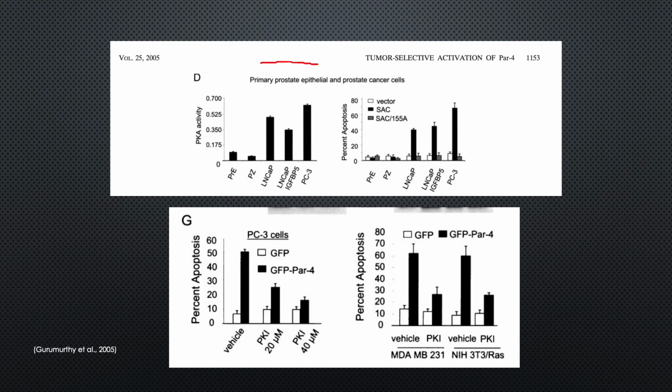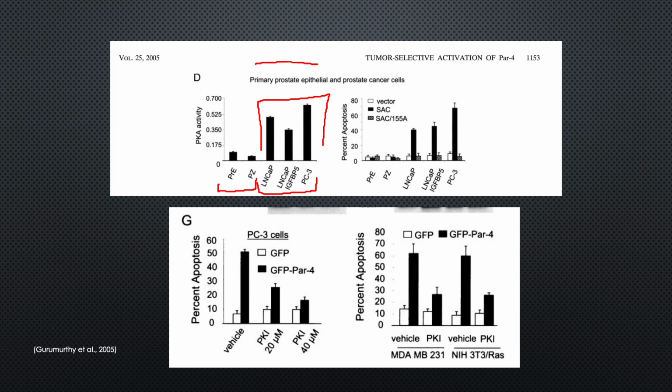In this top figure, we have 3 known cancer cell lines, and we have an immortal and a normal cell line. As you can see, when they measured the PKA activity, you had a high rate of PKA activity in the cancer cell lines.